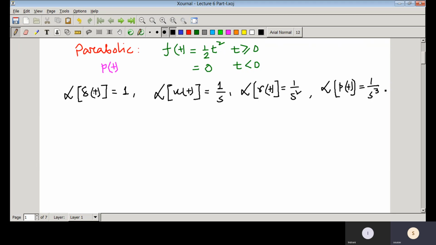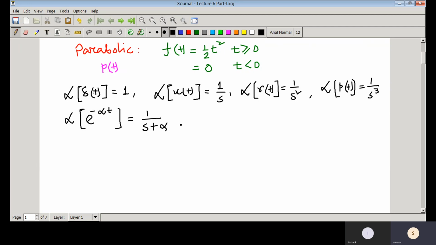There are some other standard signals like exponential, sine, and cosine. Here I will just write what the transformed functions are. The Laplace transform of e to the power minus alpha t, where alpha is a real number, is 1 by s plus alpha.